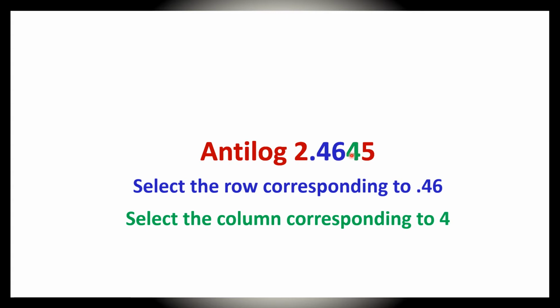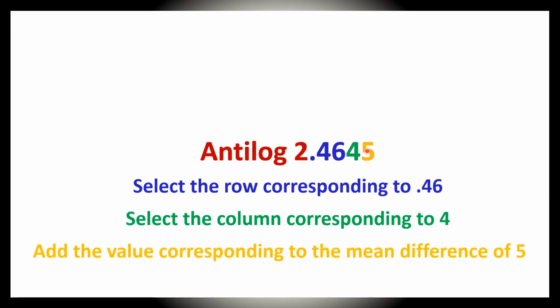And to this value, we are going to add the mean difference. So, this last digit 5 is used to determine the column of the mean difference. So, we add the value corresponding to the mean difference of 5 to the previously obtained number of the 0.46 row in the 4 column.